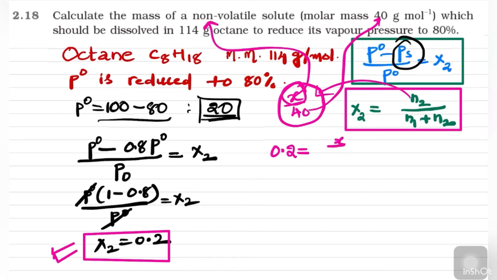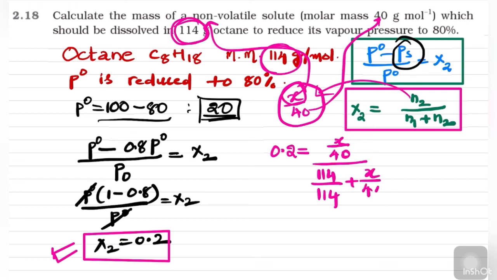So it's going to be x by 40, which should be divided by n1, which is 114 divided by 114. Here 114 is the molar mass of octane and 114 is the mass of the octane given, plus again x by 40.